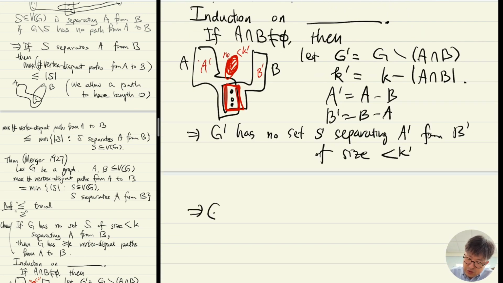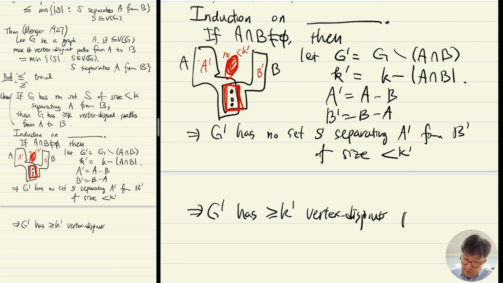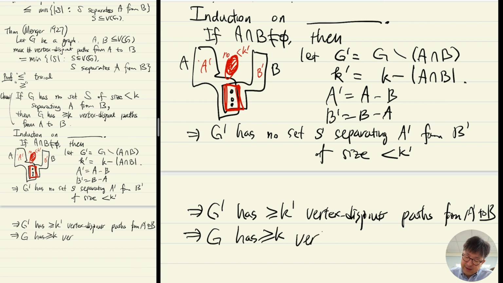That means G prime has at least K prime vertex disjoint paths from A prime to B prime. And for the vertices in the intersection, you have a path of length 0, so there's nothing to worry about. I can add them into the list. So G has at least K vertex disjoint paths from A to B. So we are done.